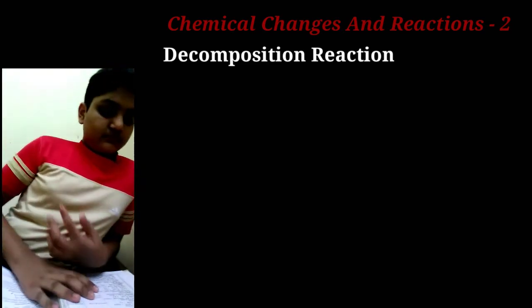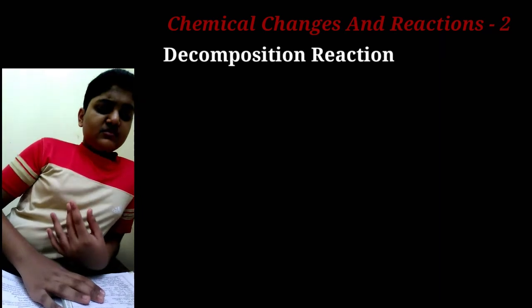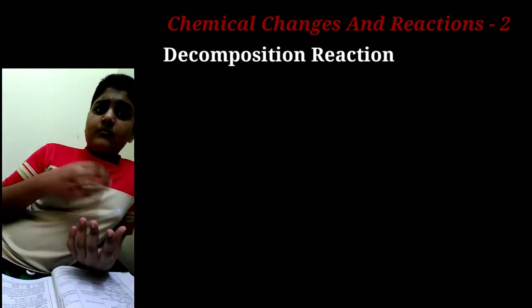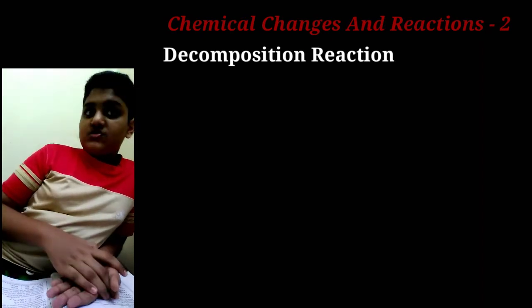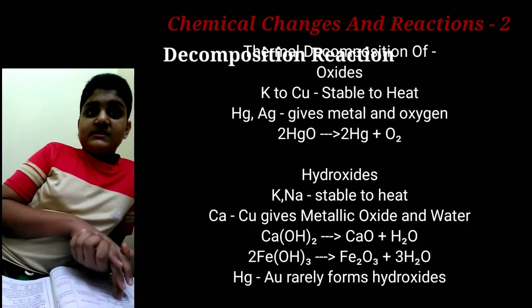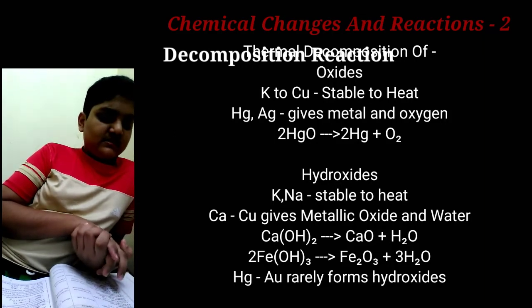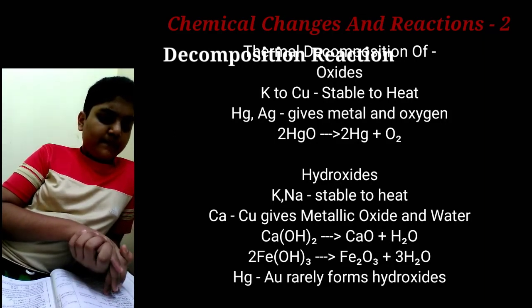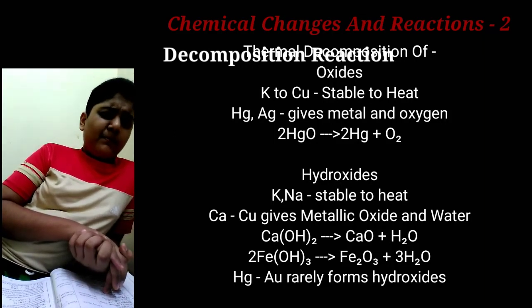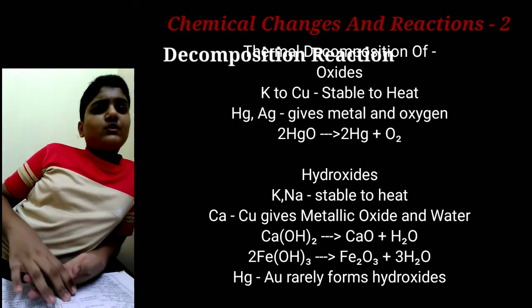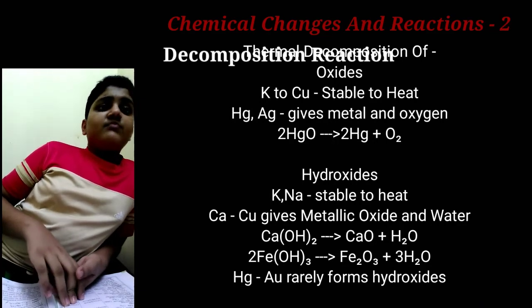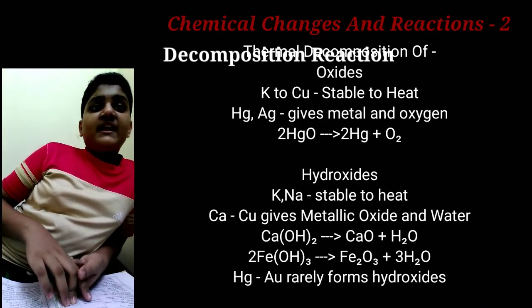So we will look at thermal decomposition of oxides, hydroxides, carbonates and nitrates. First of all, metallic oxides. First of all, you need to know the activity series. What do you mean by activity series? It is the arrangement of metals in decreasing order of their reactivity.